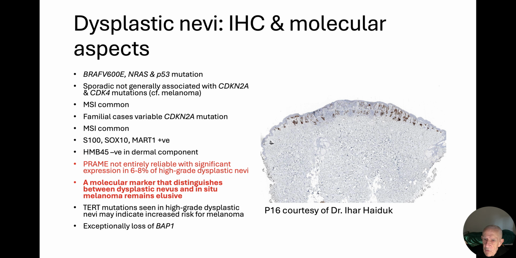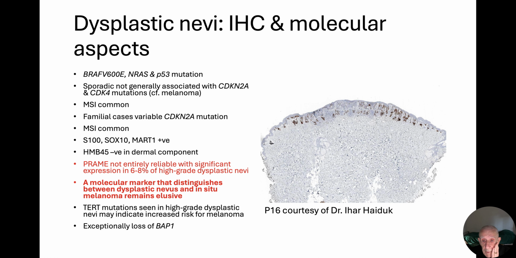A lot of times people are using PRAME, and well, perhaps it is helpful. I'm not entirely convinced that it's of great value, and there are some publications showing that high-grade dysplastic nevi express PRAME.